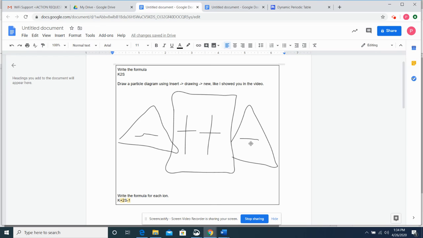We are trying to tell people what the charge is on that ion. And so it should be K -1. And then for the sulfur, again, this is incorrect, but according to this person, the sulfur had a +2 charge, or a 2 plus charge, so it should say sulfur +2.